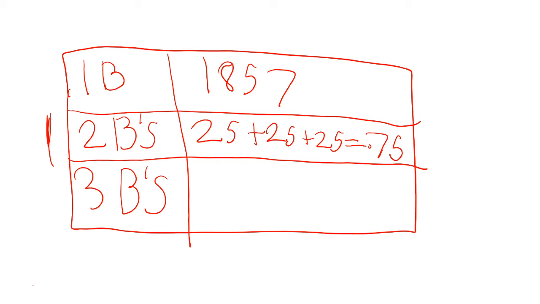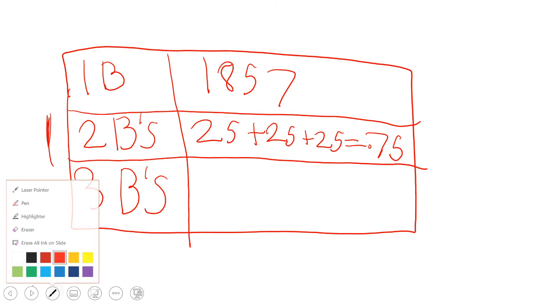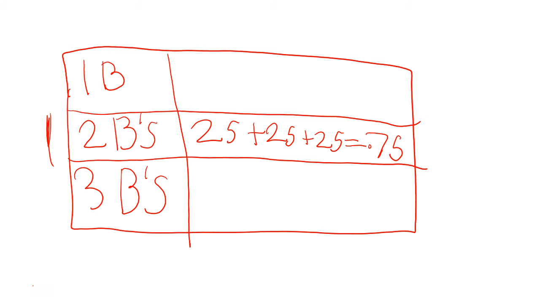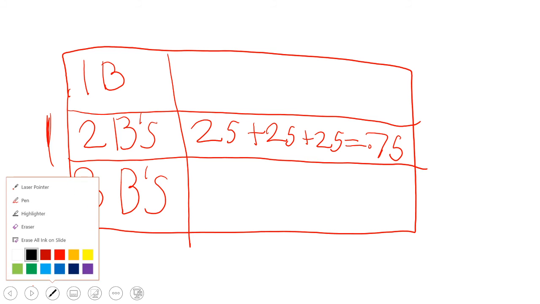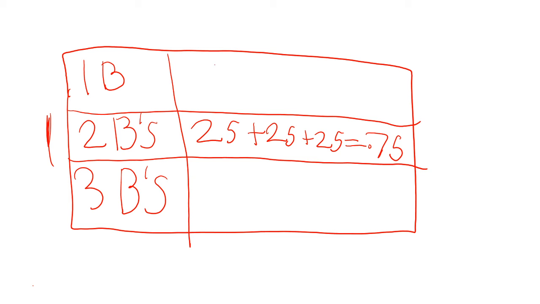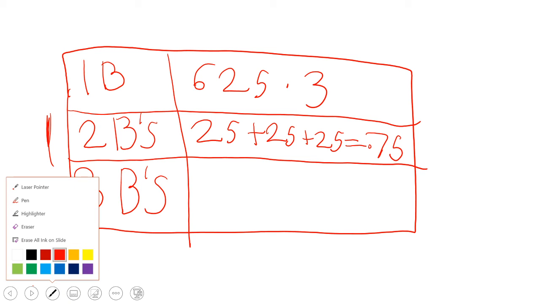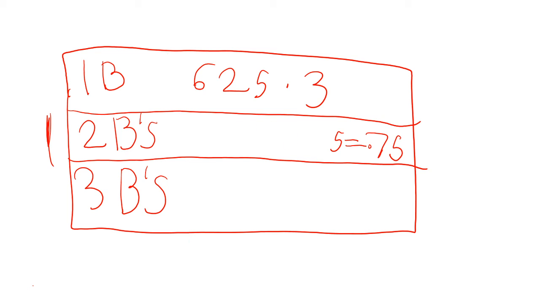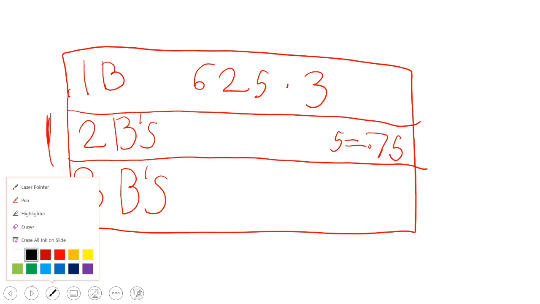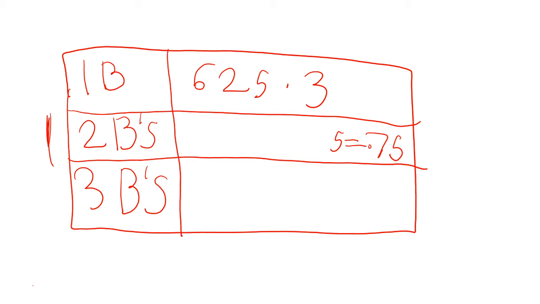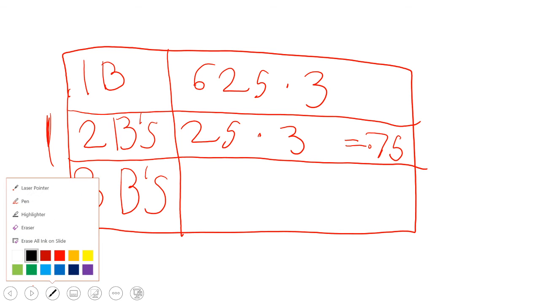I can do the same thing up here as well, where we had 625 times 3. And actually here we can also use multiplication, since it's a bit easier. There we go, much more organized.